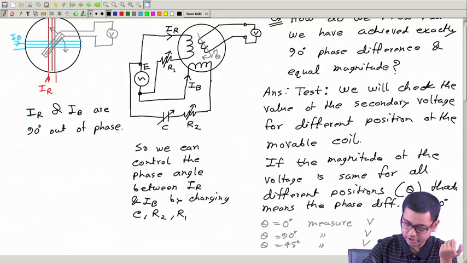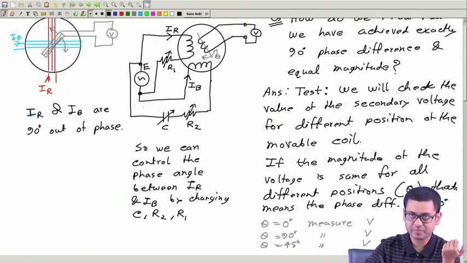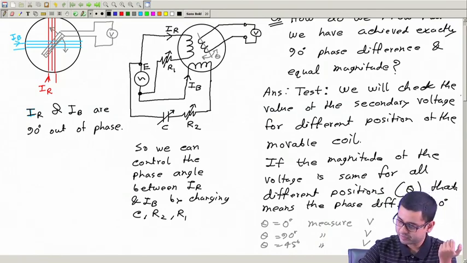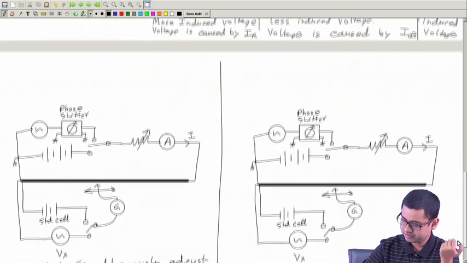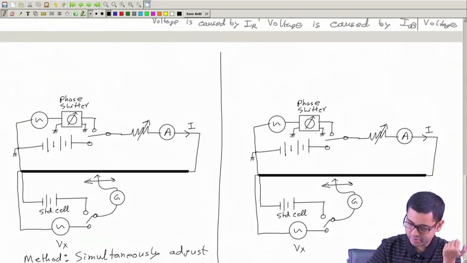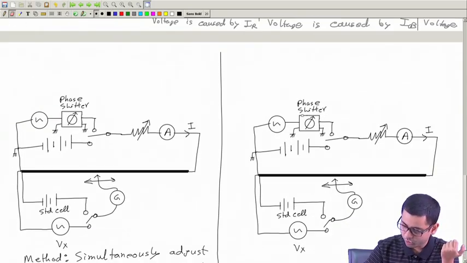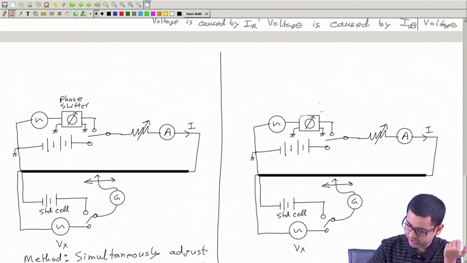If we want to make this schematic more practical, more realistic, let's do it like this.